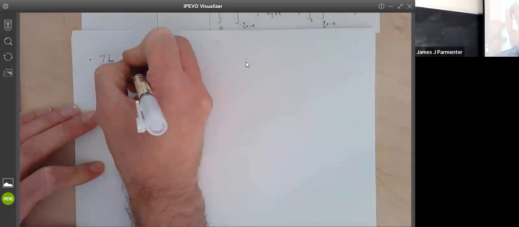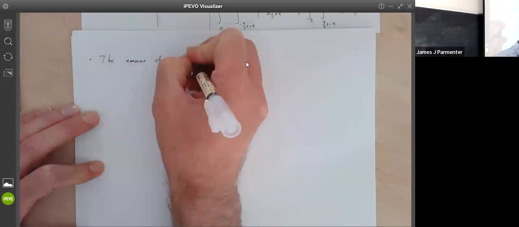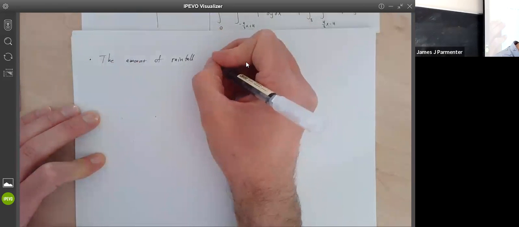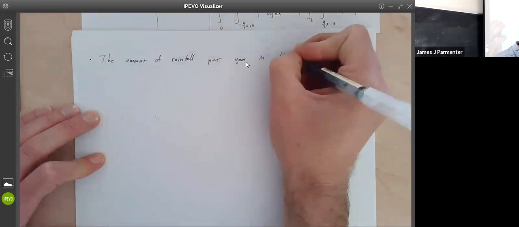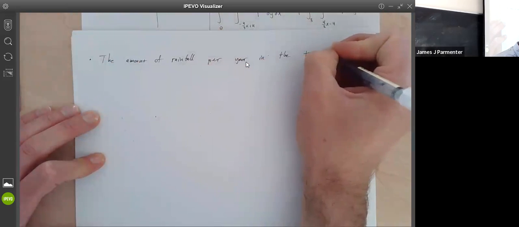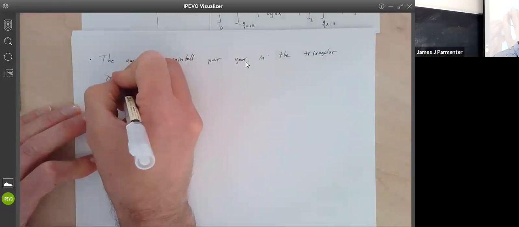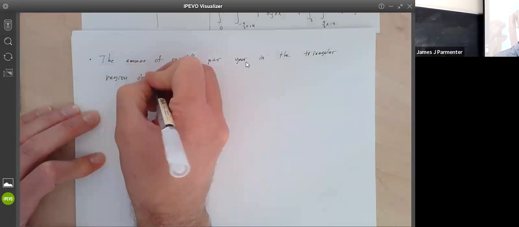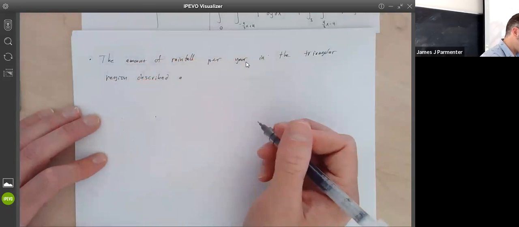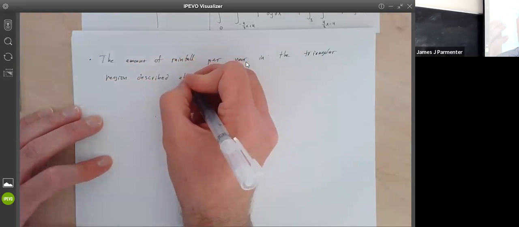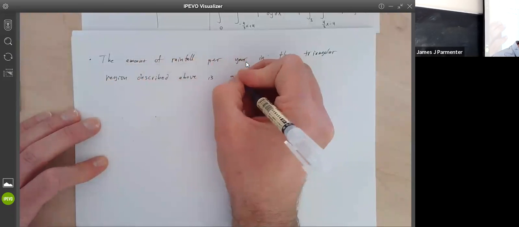The amount of rainfall per year in the triangular region described above is given by the following.